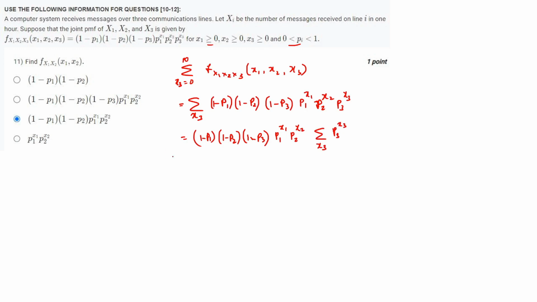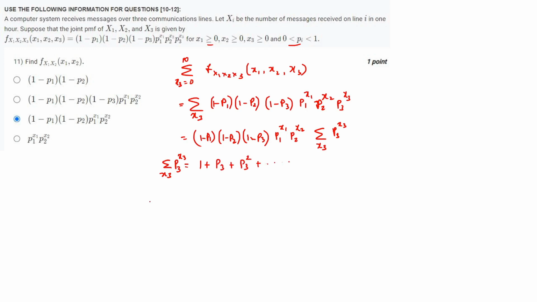Now sigma x3 of p3 to the power x3: if I substitute x3 from 0 to infinity, for 0 I'll get 1, plus if I substitute 1 then I'll have p3, if I substitute 2 I'll have p3 square, and so on.